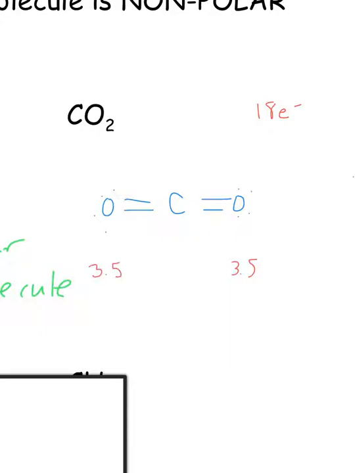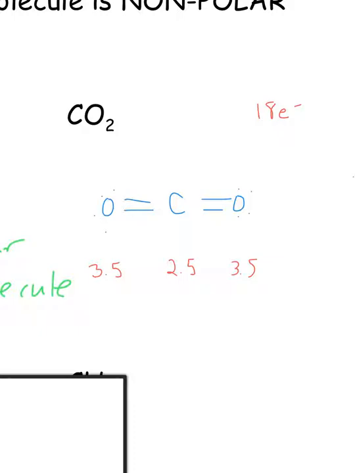And I also know that carbon has an electronegativity of 2.5. So first of all, I need to examine that a dipole vector exists at all. I can tell from these electronegativity differences, the difference between the carbon and the oxygen is 1.0, which puts this type of bond right here squarely in the spot of being categorized as polar covalent.